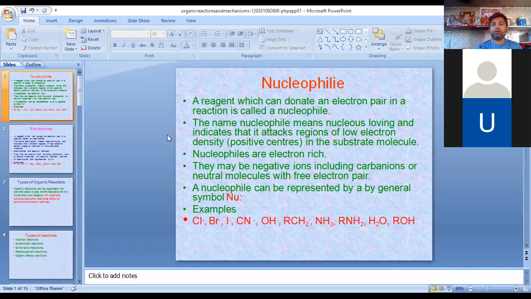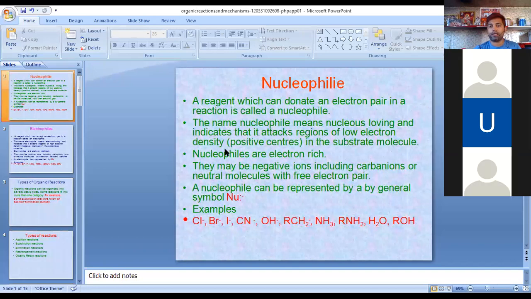Okay. So we were discussing nucleophiles. A nucleophile is a reagent which can donate, we had discussed, a pair of electrons in a reaction. The name nucleophile means nucleus loving and indicates that it attacks a region of low electron density or positive centers.